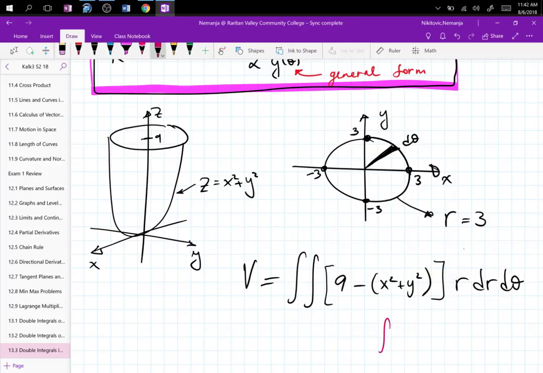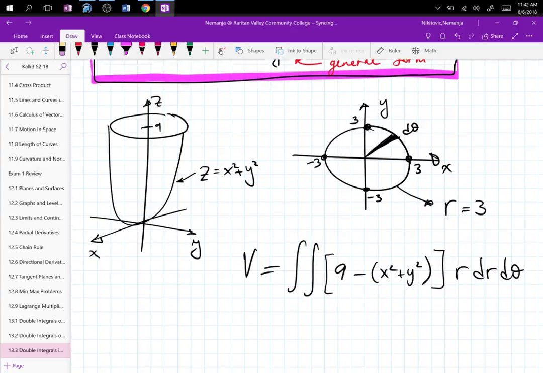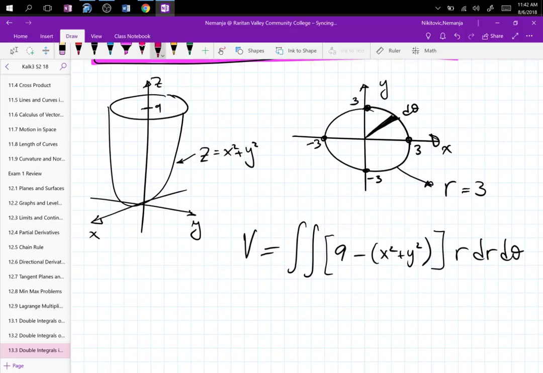If you remember, the old formula was r squared d theta. So now it's r dr d theta, and one of these r's is your f, and the other r stays in the string. So again, the derivation of this is the honors part.